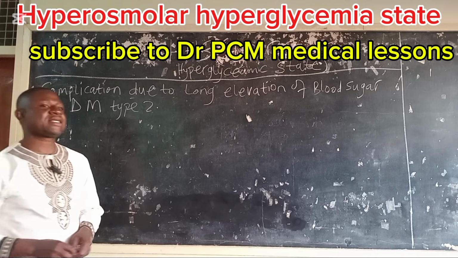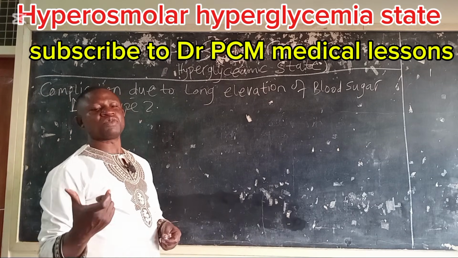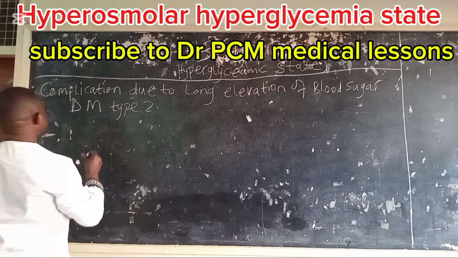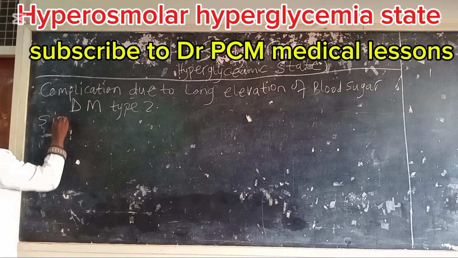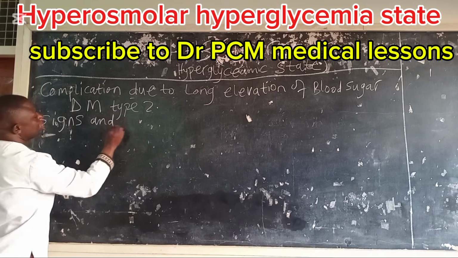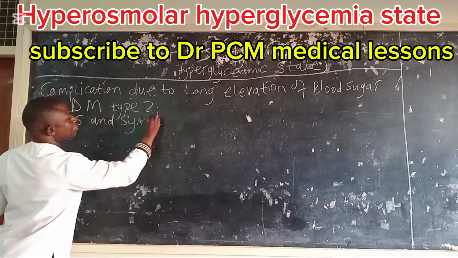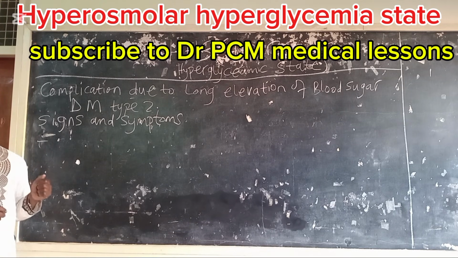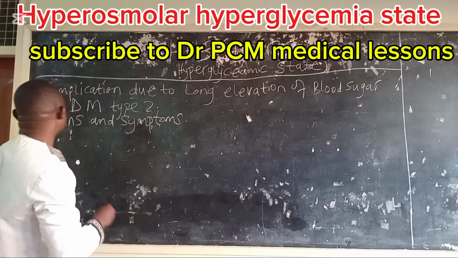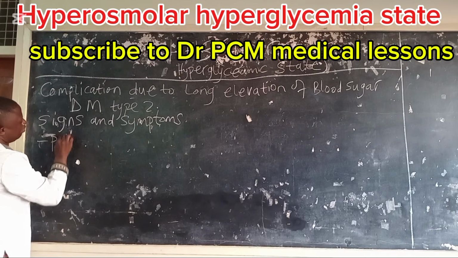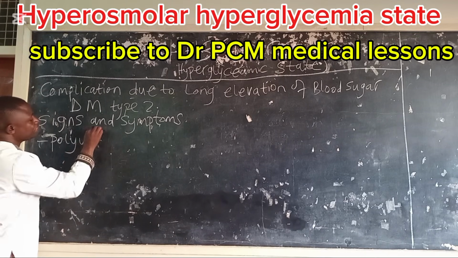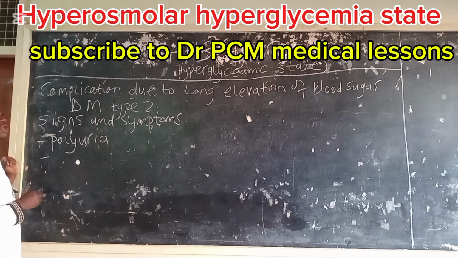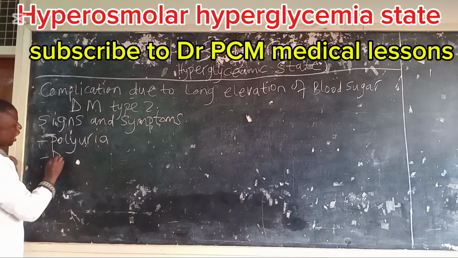Now, let us look at the signs and symptoms of such conditions. The first sign and symptom we can talk about is polyuria. This is too much urination. As there is too much urination, it leads to dehydration.